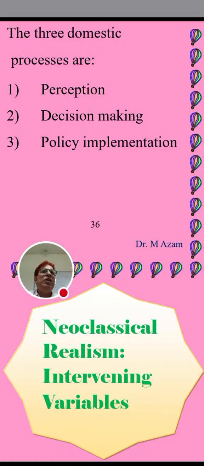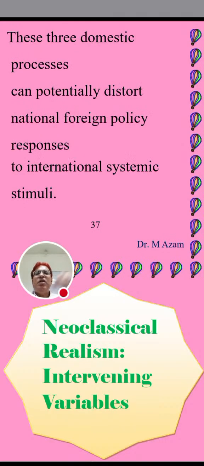These are the three domestic processes that take place within a state. These three domestic processes can potentially distort national foreign policy responses to international systemic stimuli.